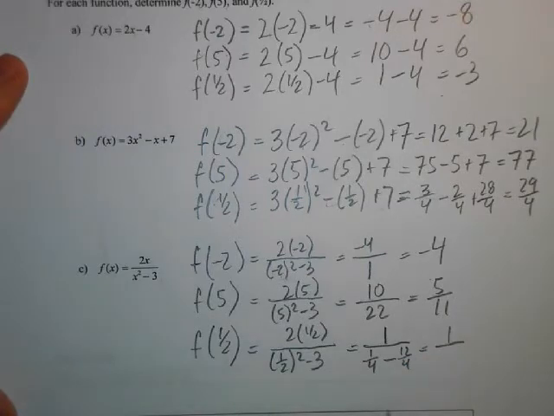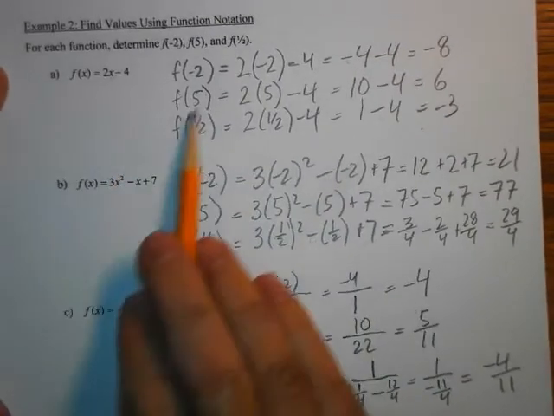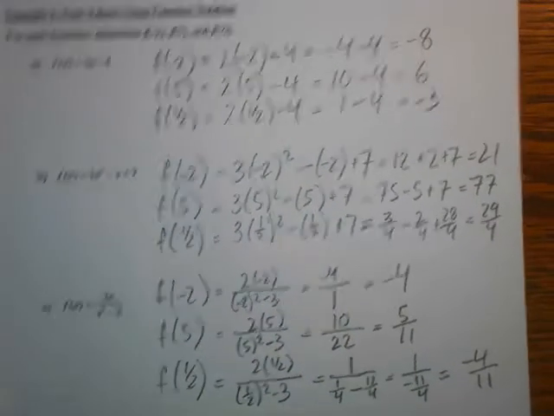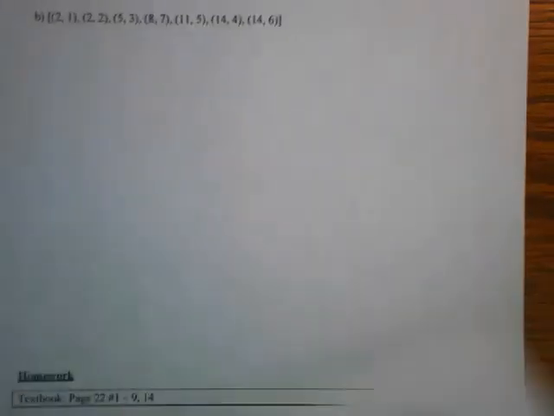So on the bottom, that changes to negative 11/4. If you remember your fraction math, dividing by a fraction is the same as multiplying by the reciprocal. So it turns into 1 times negative 4/11. So the whole thing is negative 4/11. Okay, so that's how you actually use function notation to evaluate certain input values. This is something that you'll be doing lots and lots of, so make sure you understand that.